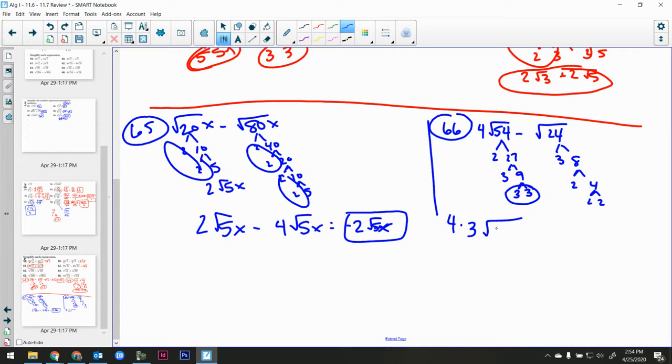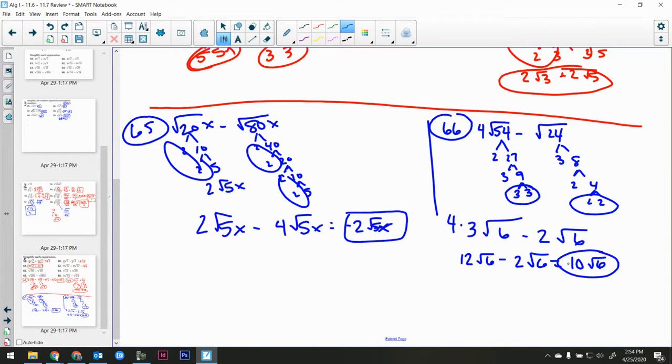And then a 6 on the inside. The 2 and the 3 go back together to make a 6. I've got a set of 2s coming out with the 24, and then a 6 staying in with the 2 and the 3 here. So this is a 12 radical 6 minus 2 radical 6, or a 10 radical 6. There's my answer.